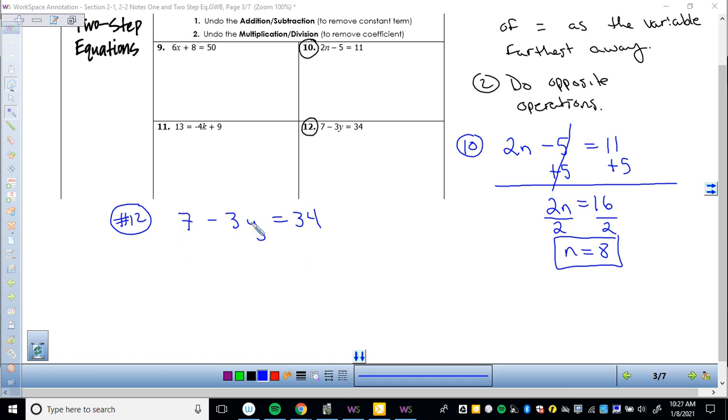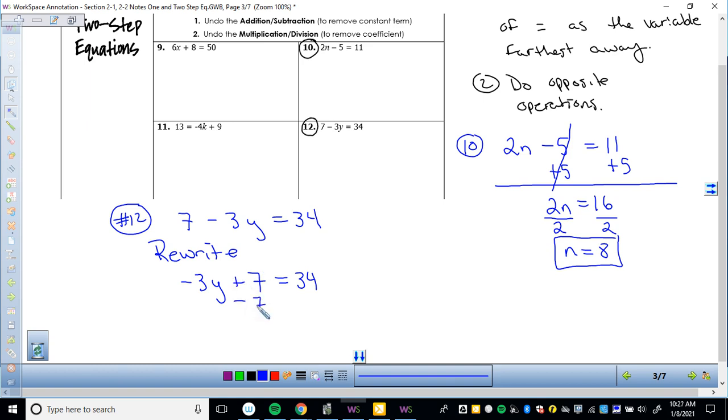And the reason people have trouble seeing this is that there's no plus or minus in front of the 7, but what we have to realize is that this could be rewritten. We can rewrite this as negative 3y plus 7 equals 34. And then it makes it easier to see I need to subtract that 7.